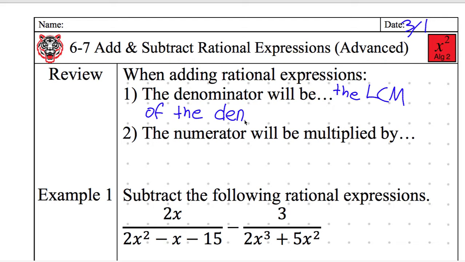No, so it's not going to be a 3-letter word or 3-word. Yeah, by the missing factor. And the missing factor of what? Of the LCM.